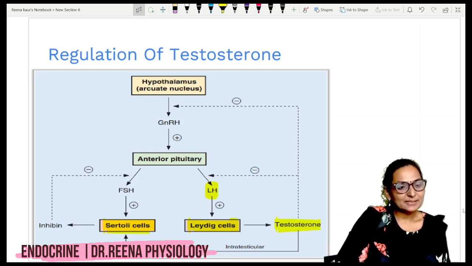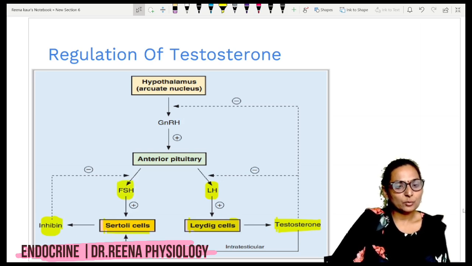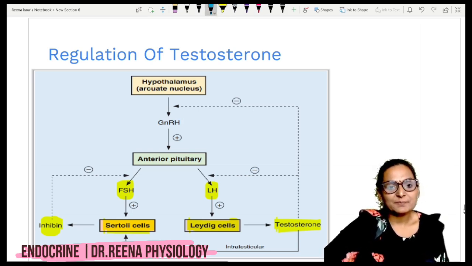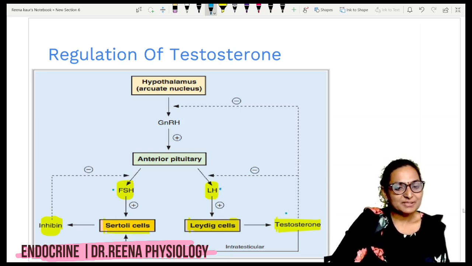The Sertoli cells secrete inhibin, and they are under the control of FSH. That means inhibin is regulating FSH, and testosterone is regulating LH.